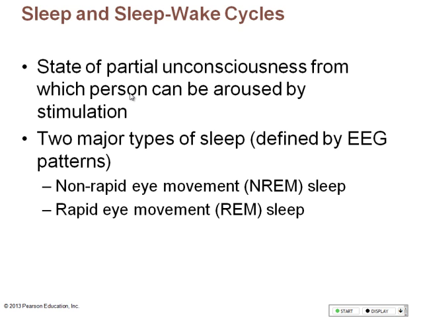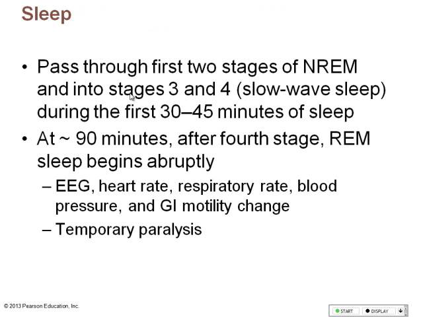Two major types of sleep, defined by our EEG patterns, those electrical brain waves that are measurable, are non-rapid eye movement, NREM, and rapid eye movement, REM sleep. If you look on page 454 in your textbook, figure 12.19, we see what some of these different stages look like on the EEG.